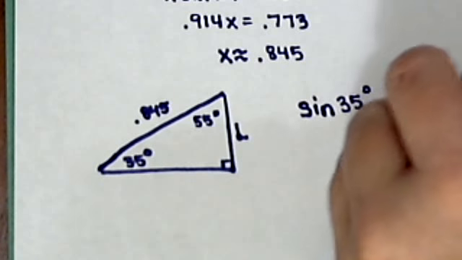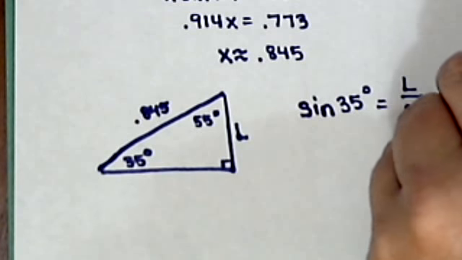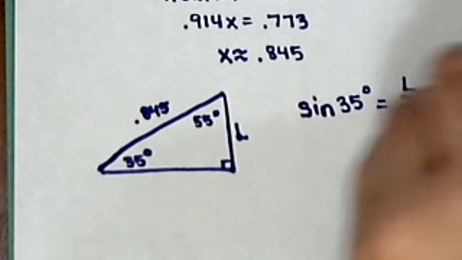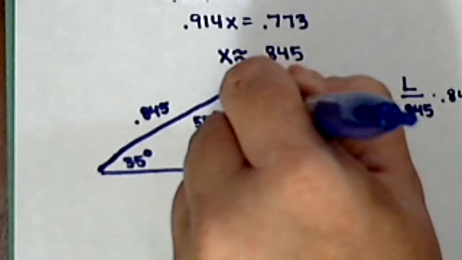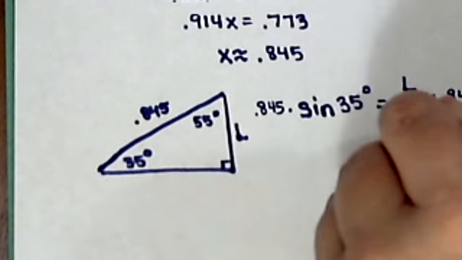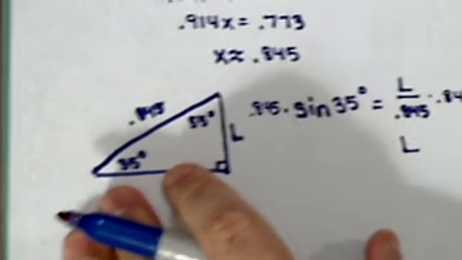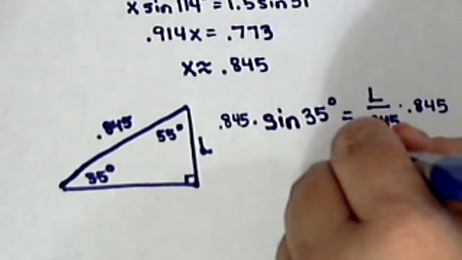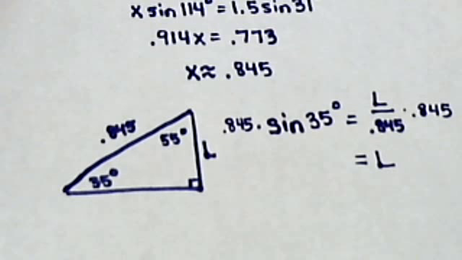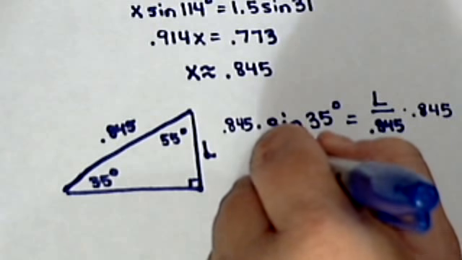So we multiply both sides by 0.845. We get L is 0.845 times sine 35. So that gives us about 0.485.